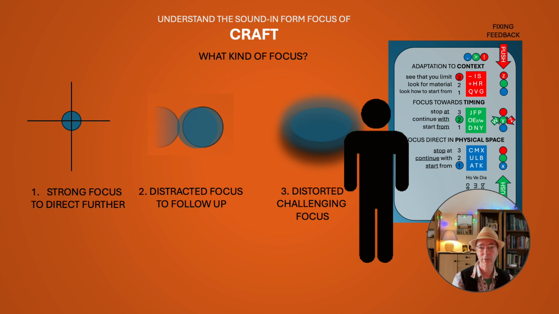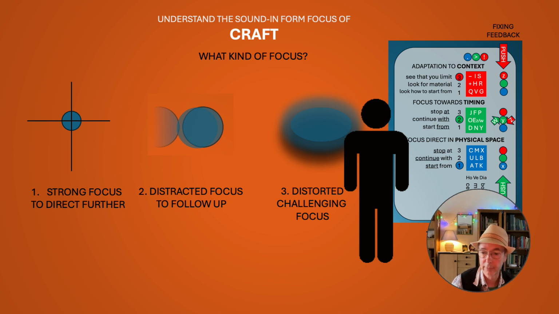These three kinds of focuses. So what kind of focuses do we need for craft? Let me resume them once again. Do we use the craft? Can we have a craft when we focus on something with strong focus, that we really know what we do, or are we distracted in some variations?